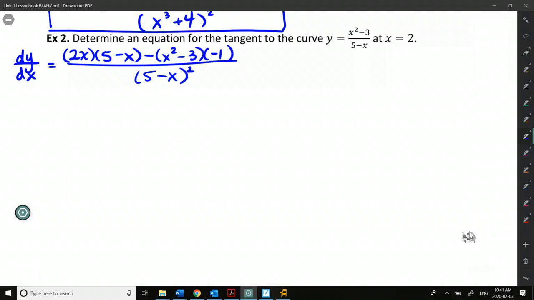Okay, normally I would say at this point, because we're just trying to find an equation for the tangent line, we could plug in x equals 2. Because we're working with this for the first time, we're going to take a couple extra steps to express this in simplified form, just so that we can practice. But at this point, you really could just plug in x equals 2.